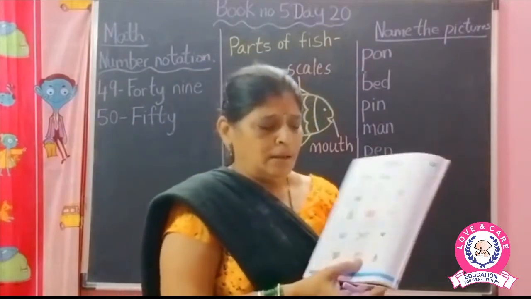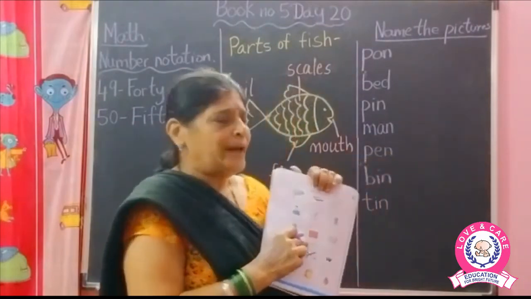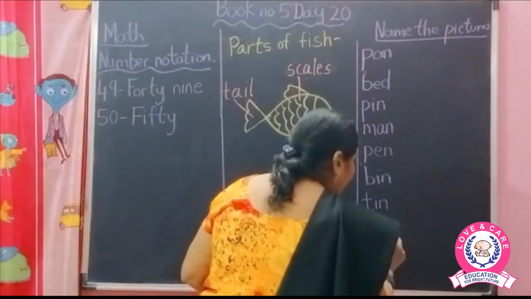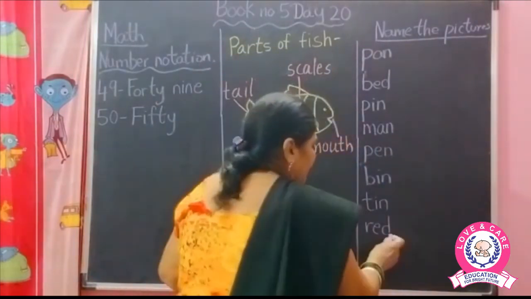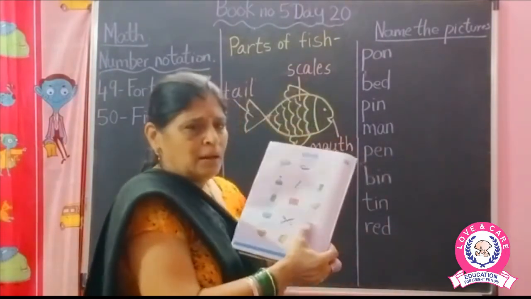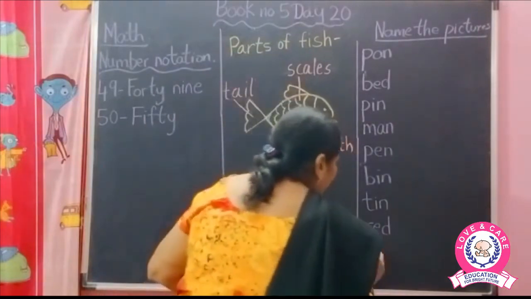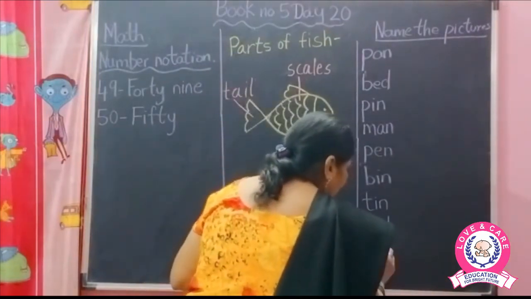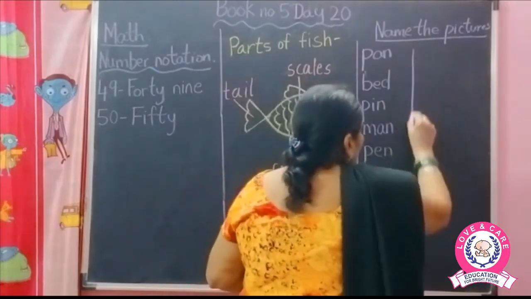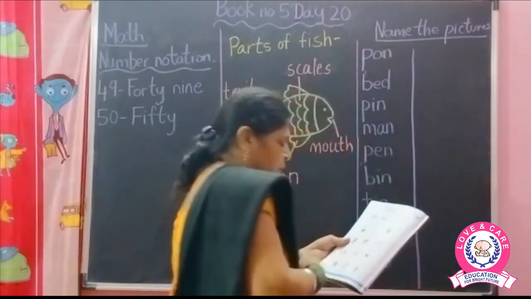T-I-N, tin. The next picture is red. R-E-D, red. Now the next one, pig. P-I-G, pig. Okay? So now let's go to see the next picture.